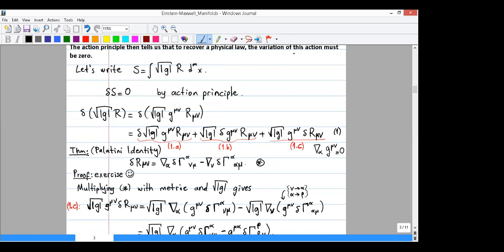So here, by action principle, delta S has to be 0. So we apply delta variation to the integrand of this integral. Here we have square root of determinant of G times scalar curvature, and we apply the variation. As we said, it is applied like a derivative.